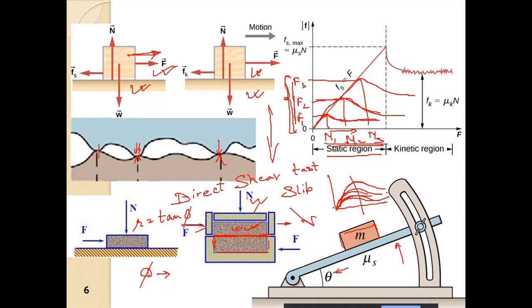Why internal friction? Because it is happening within the soil mass, particle to particle. So that is why it is the angle of internal friction.